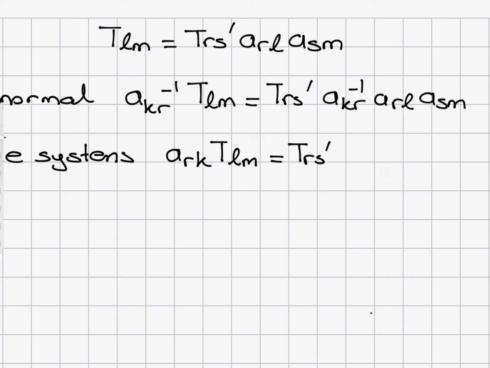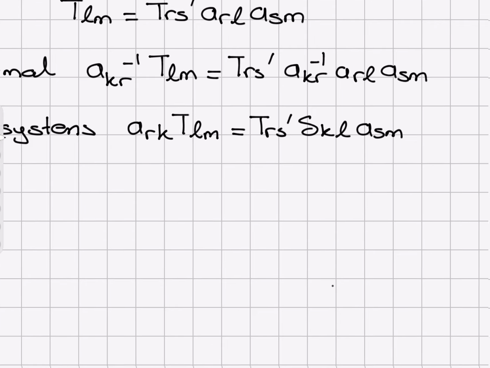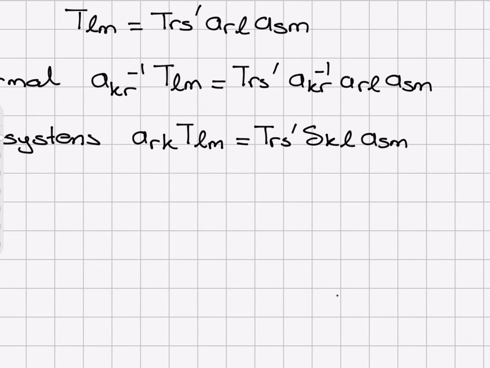Now a_kr inverse a_rl, this is going to give me a unity matrix, Kronecker delta kl, a_sm, which has only non-zero elements along the diagonal. So I obtain a_rk T_lm is equal to T_rs prime. k and l are equal for the right hand side, which is just leaving me with a_sm.